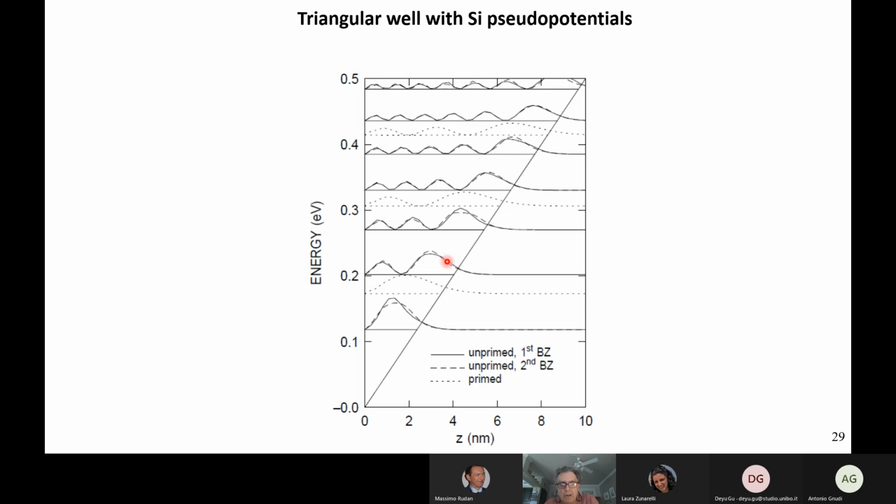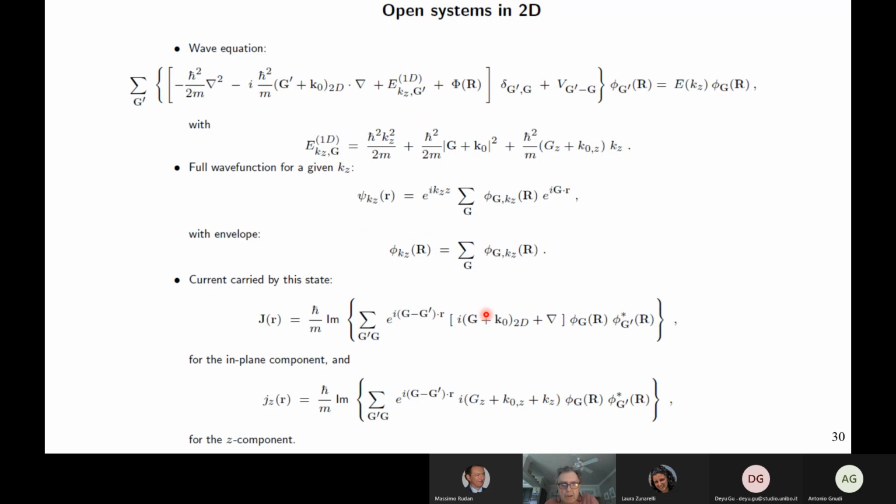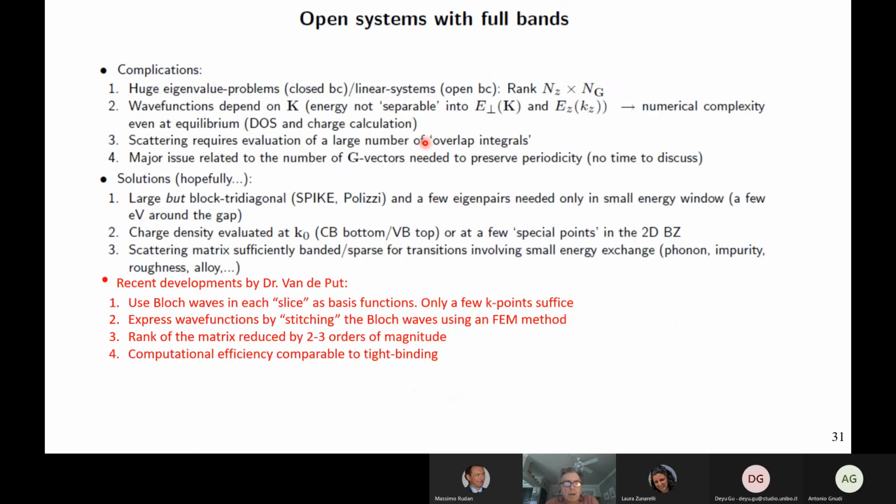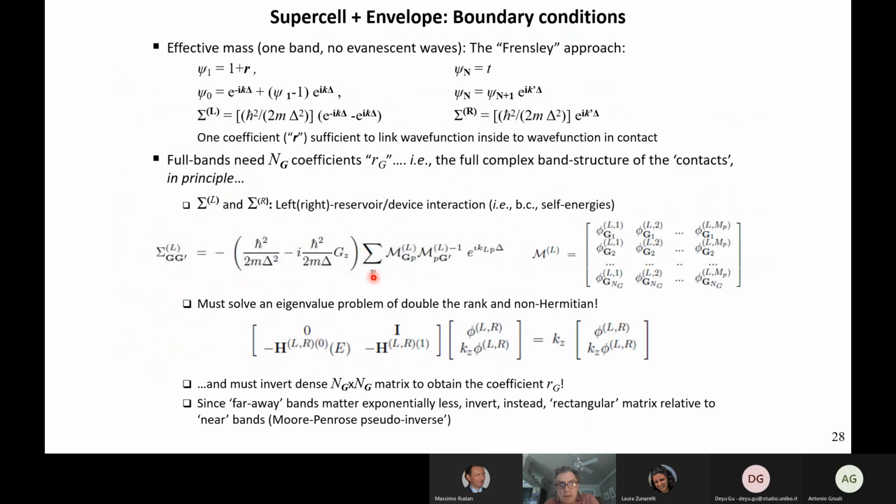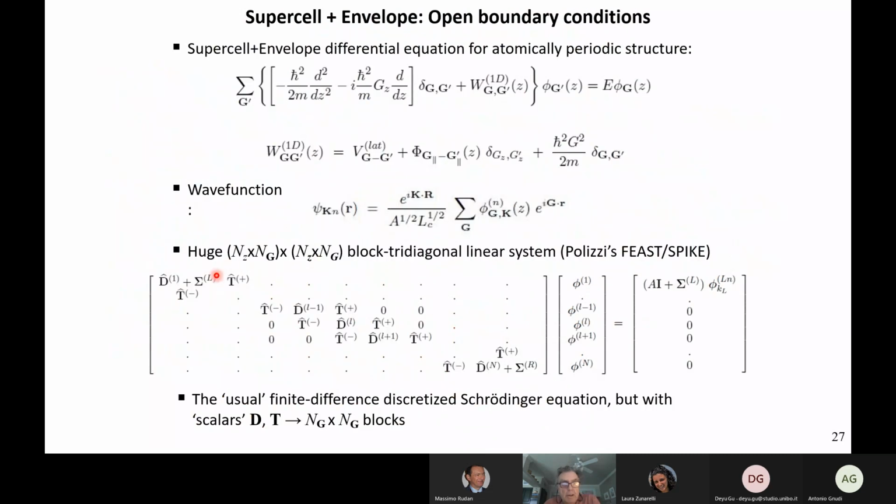This is the result that I think I showed you before for the closed system boundary conditions, and then for the open system, you crank the machinery, and then you can calculate currents and everything you need, having solved that big linear system. Okay, so let me stop here. This is a huge system.